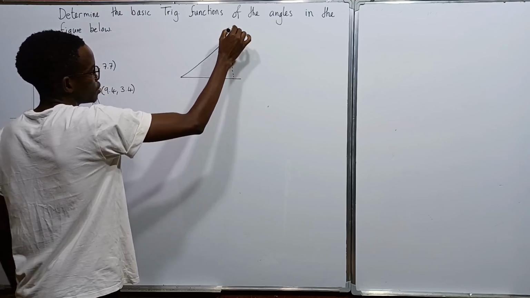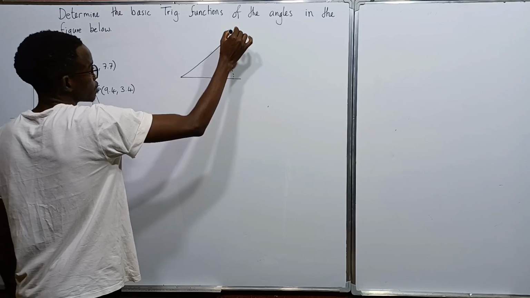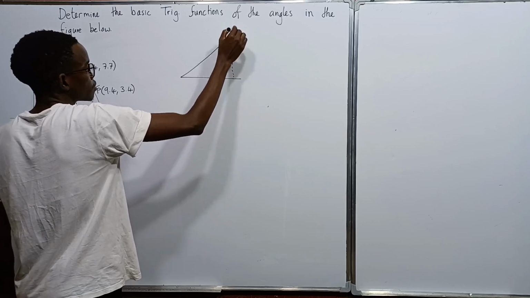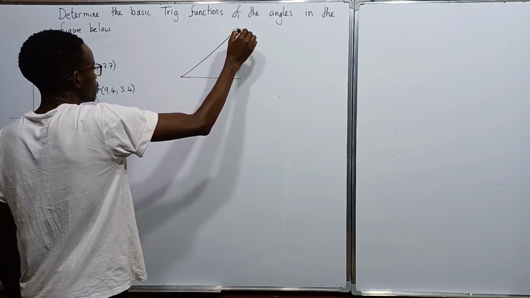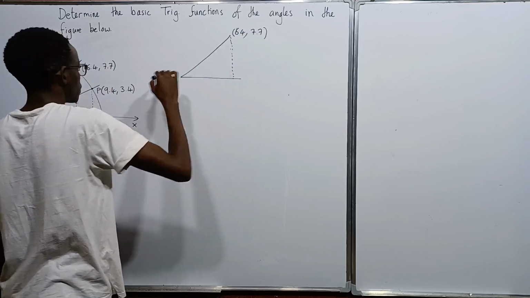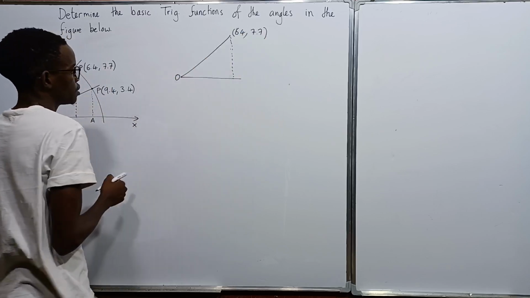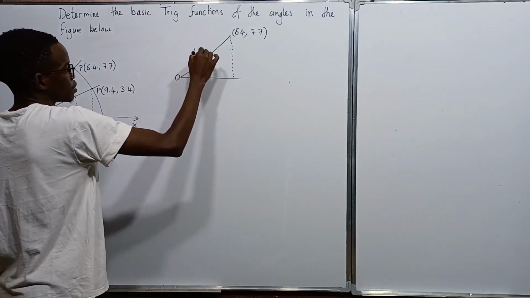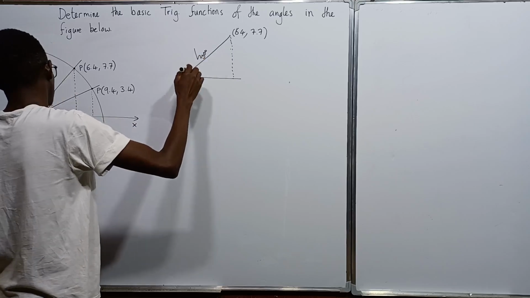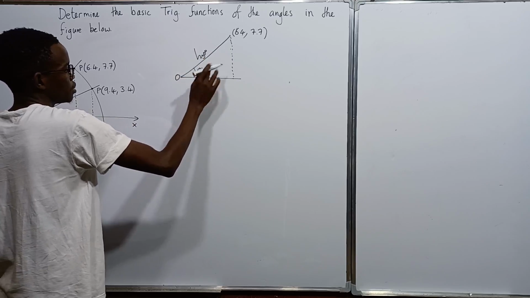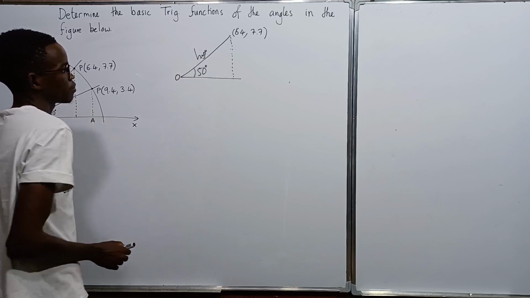Okay, so this point there is 6.4, 7.7. So this is our origin there, and this is our hypotenuse, and we have 50 degrees there as the angle.